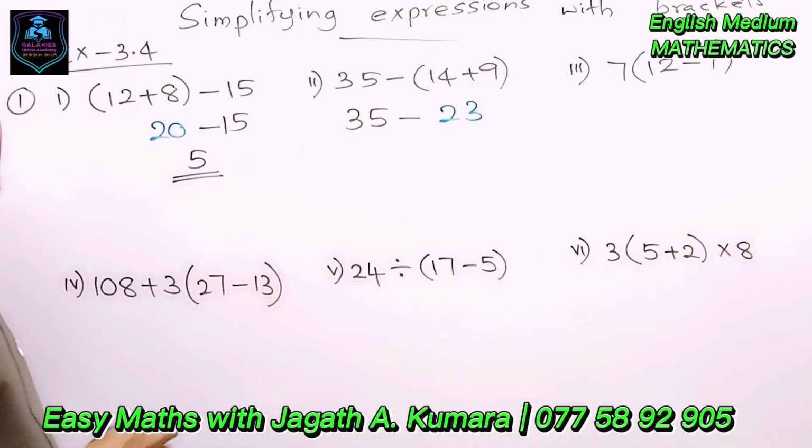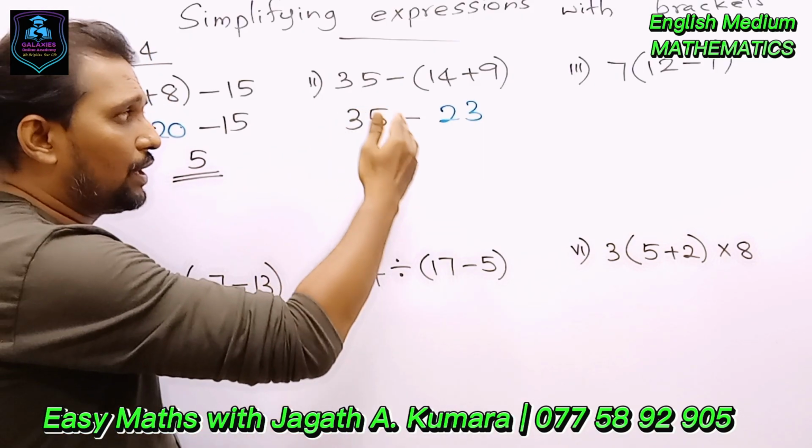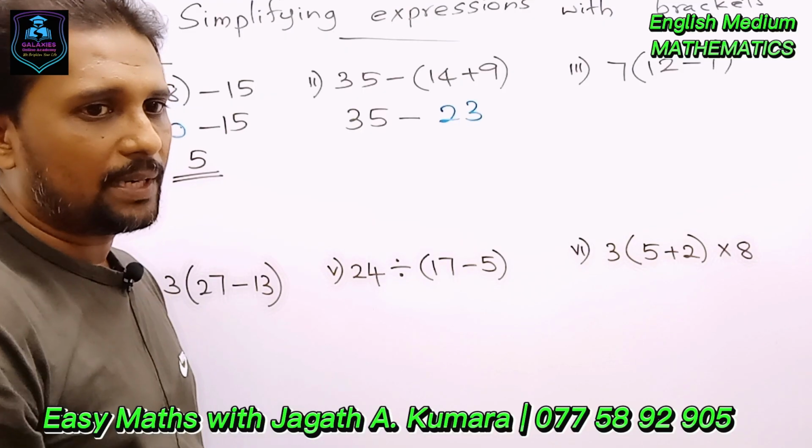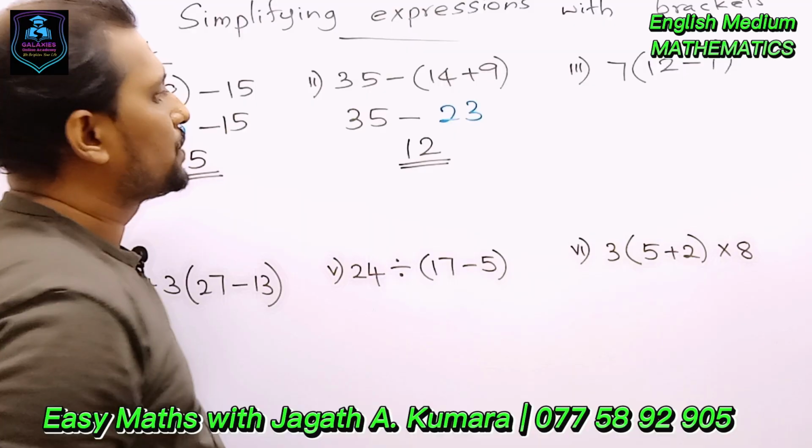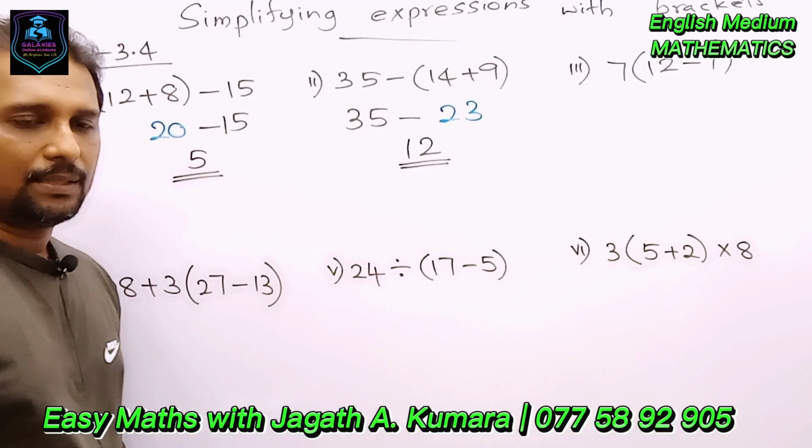Now only one mathematical operation is left, 35 minus 23. 35 minus 23 is 12. So the second part's answer should be 12.